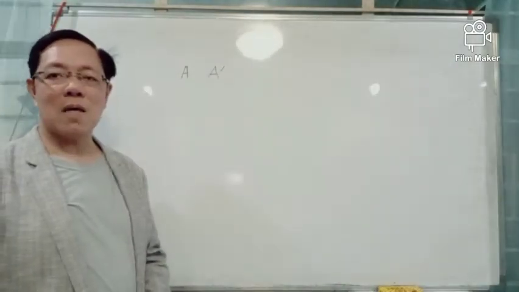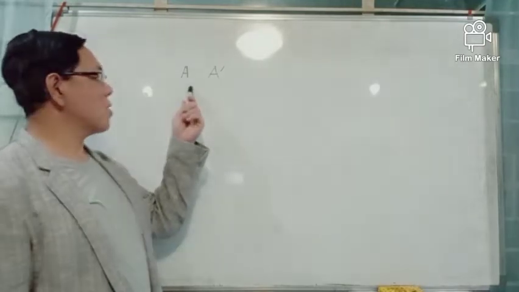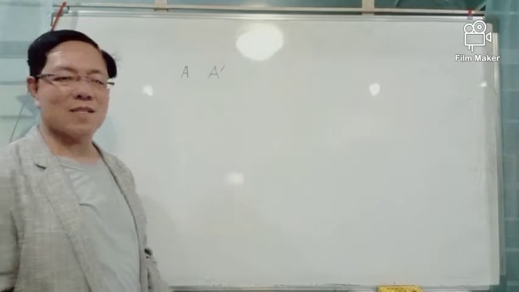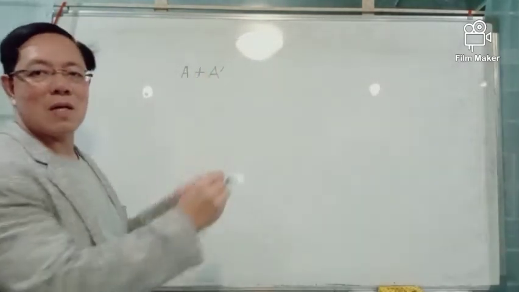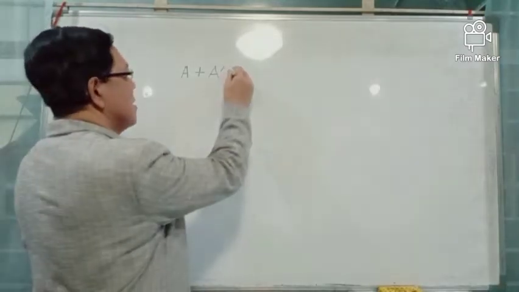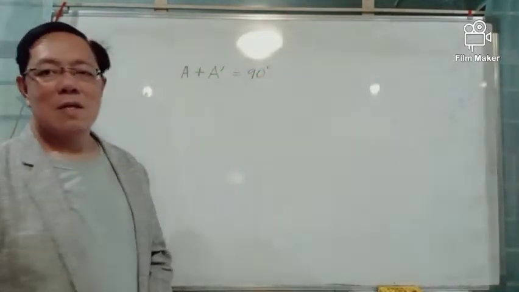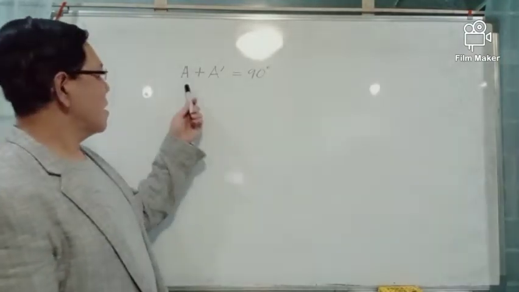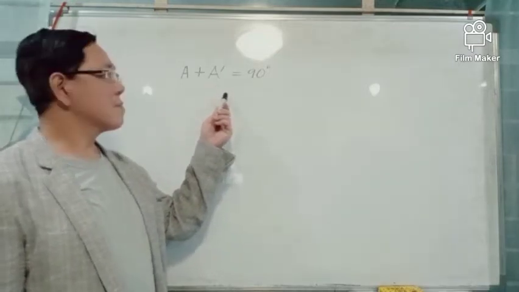If these two angles, A and A prime, where A prime is the complement of A, are complementary angles, then their sum, if you add these two angles, is 90 degrees. Their sum is 90 degrees. And we say A and A prime are complementary angles.